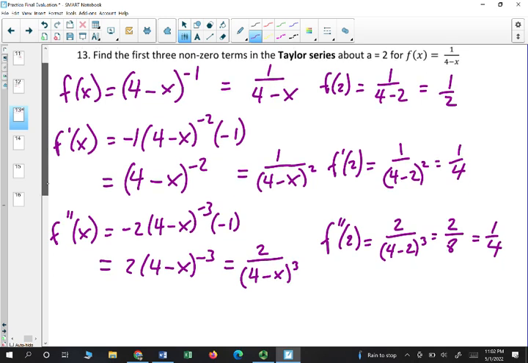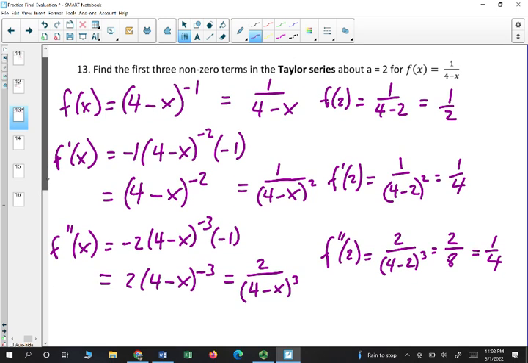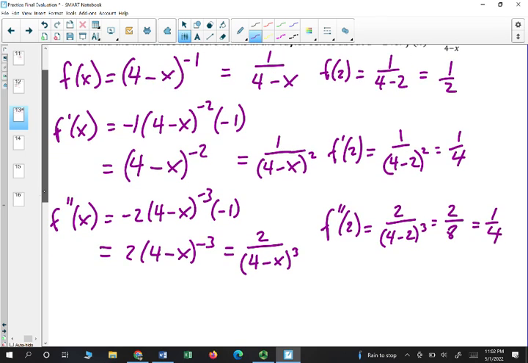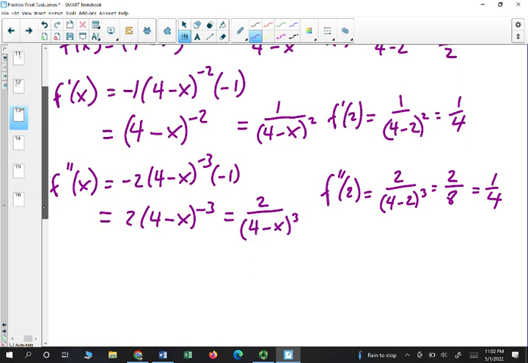We're going to plug in. We know we're centered about a equals 2. Okay, well the first term would just be the 1/2, just the coefficient by itself.